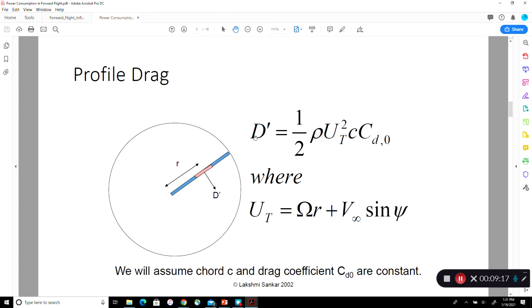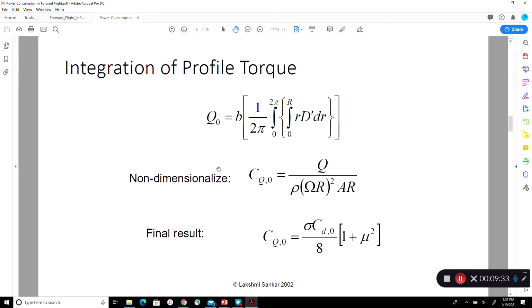Then to compute the power, we multiply the force times this velocity. So it becomes 1/2 rho velocity cubed times c times CD naught. This is just one instance in time. If you want a torque, you multiply by the radius. If you want a power, you multiply by the velocity.